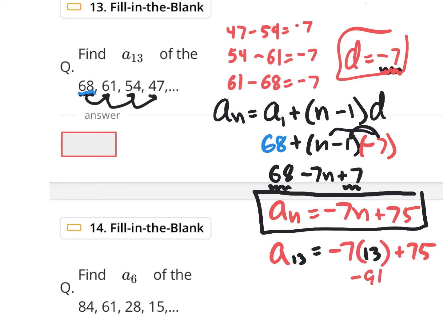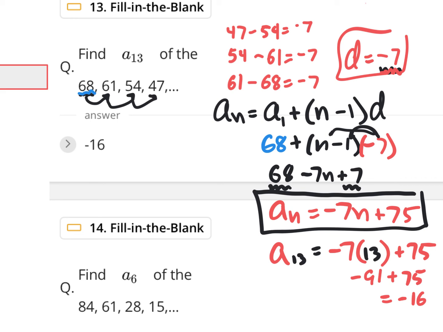Negative 91 plus 75 gives us negative 16. So if you kept going by subtracting 7, or plus negative 7, it'd be 40, it'd be 33, and you keep subtracting 7 as you go down, and the 13th term will be the answer, negative 16. So there's the answer, negative 16.